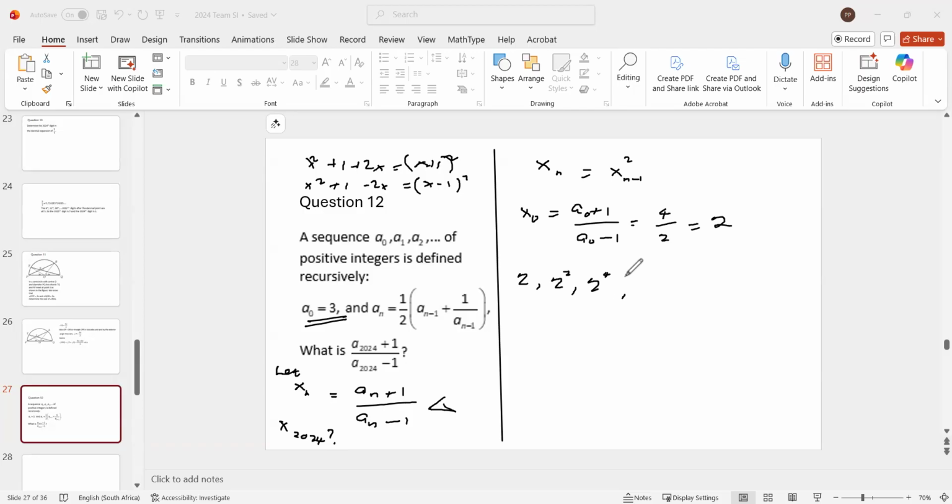And when you square this, you get 2 to the power of 8. So the fourth term is 2 to the power of 8. And the fifth term is the square of that, 2 to the power of 8, all squared. Third law kicks in: 8 times 2 is equal to 16. So this is x_0, this is x_1, this is x_2.